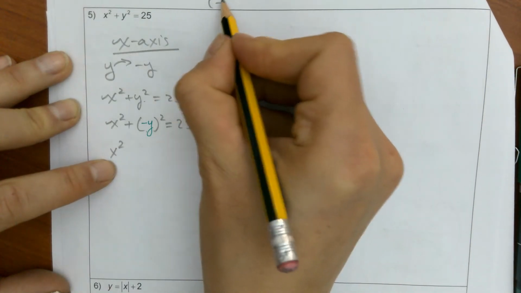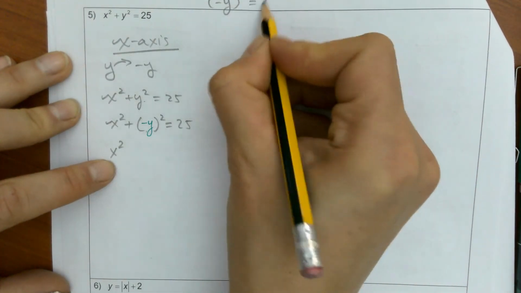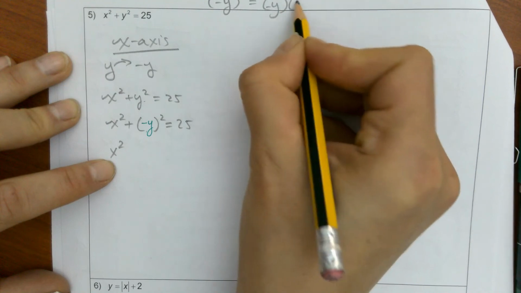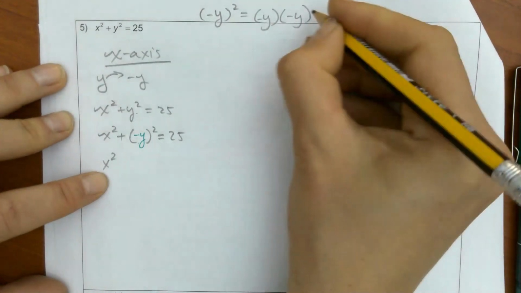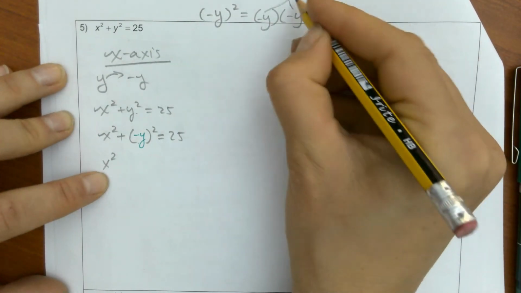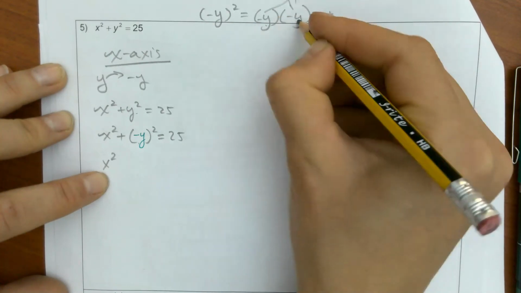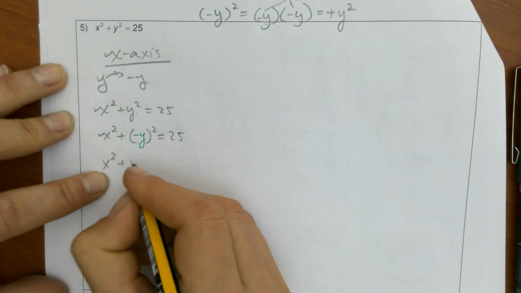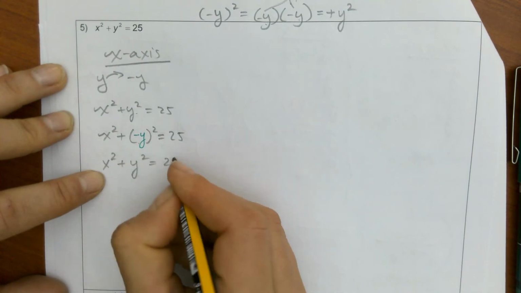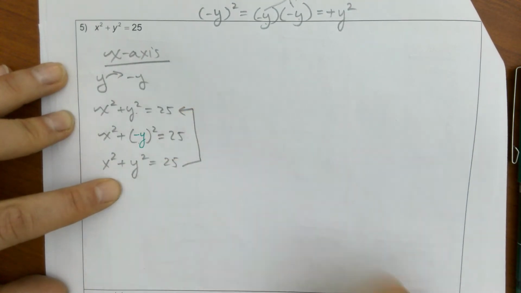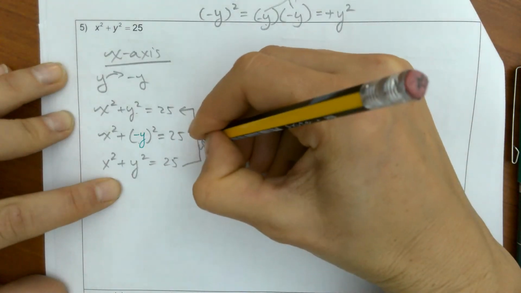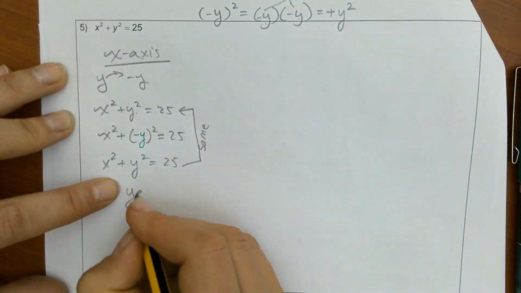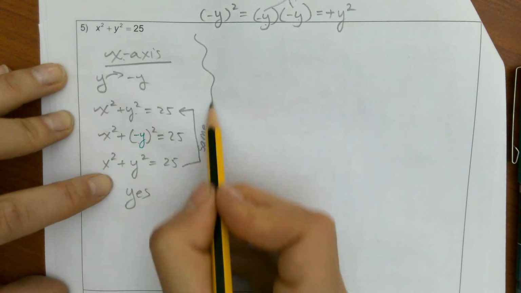So minus y squared equals minus y times minus y. What's a negative times a negative? Positive. So y times y is y squared. So this is really just y squared. Is that the same? Yes. It's the same, so yes, it has x-axis symmetry.